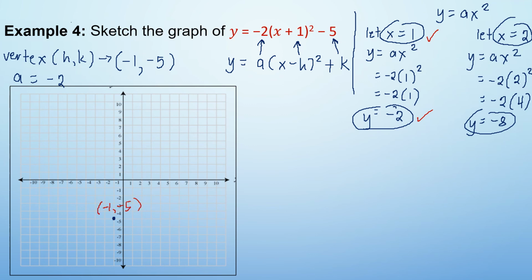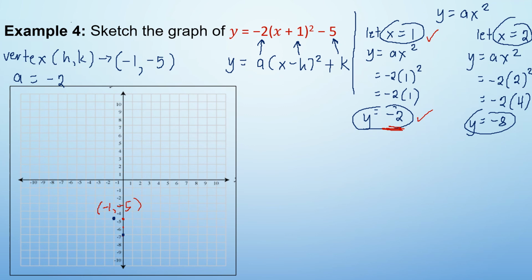From the vertex, we move 1 unit to the right, and then 2 units downward. Since y is a negative number, it's -2. So 2 units downward, 1, 2. So that will be the next point of our parabola.